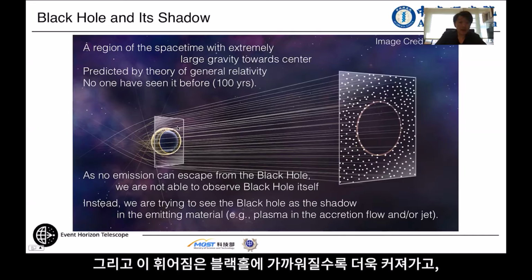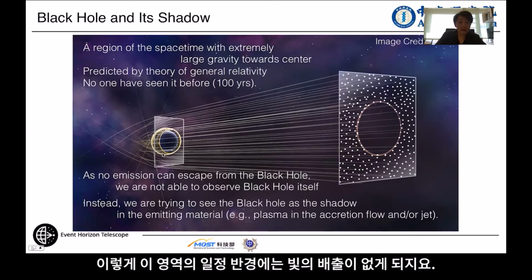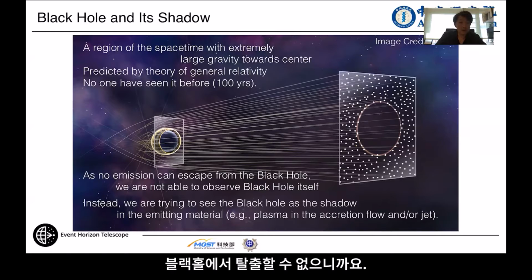This bend becomes larger and larger as the trajectory gets closer to the black hole, and eventually it terminates in the black hole. So there is some characteristic radius. Within this region, no emission can escape from the black hole.